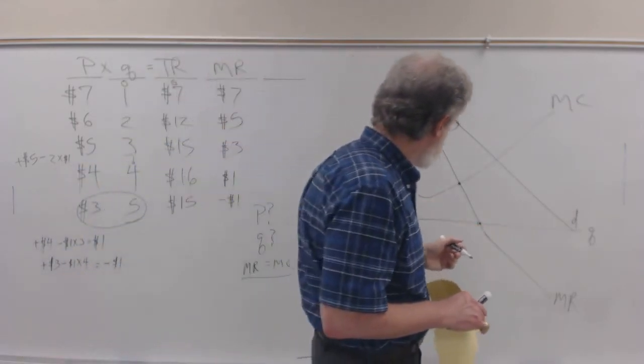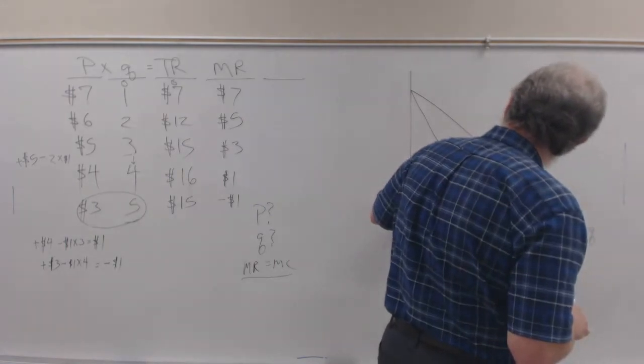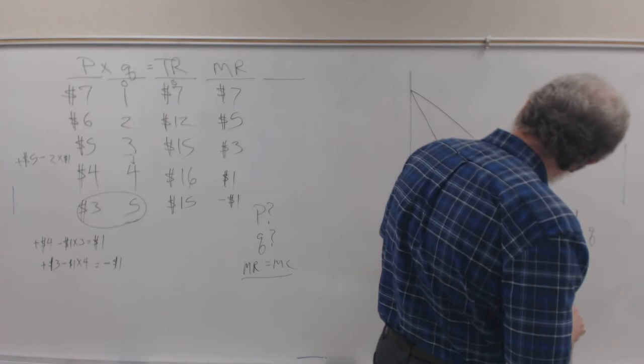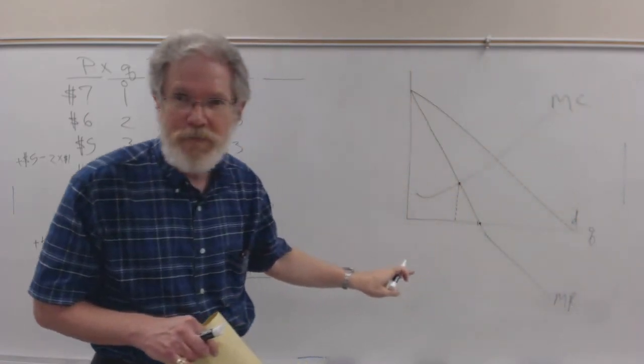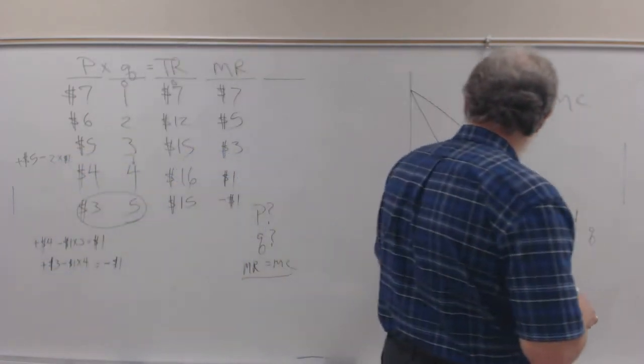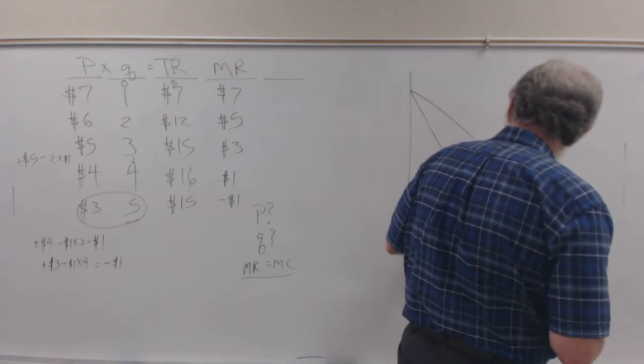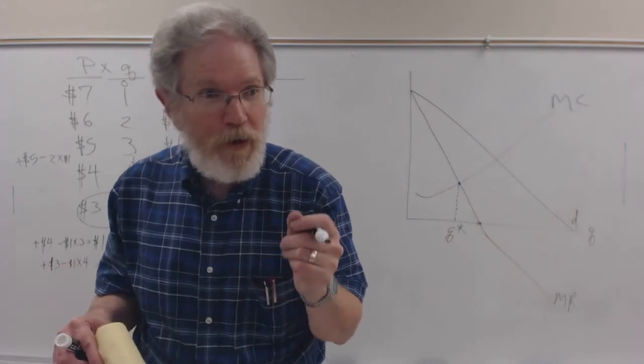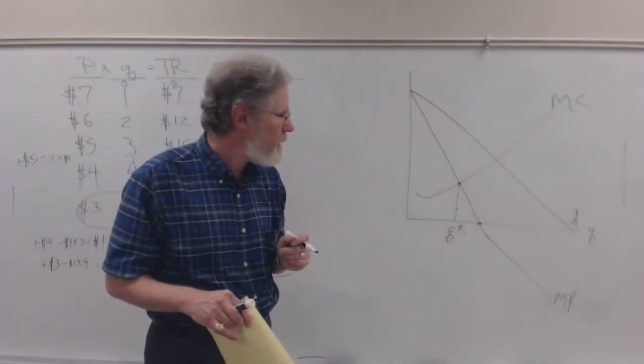And then you read down to the horizontal axis, and that tells you the quantity that will give maximum profit. That's where MR and MC are equal.